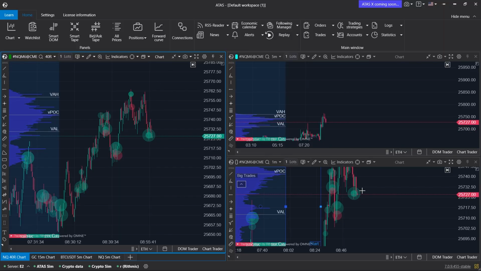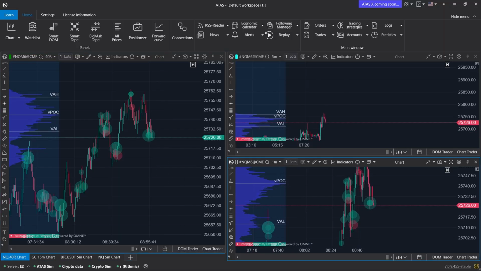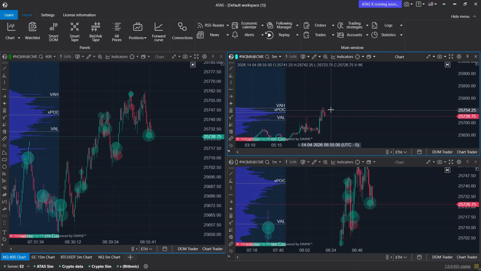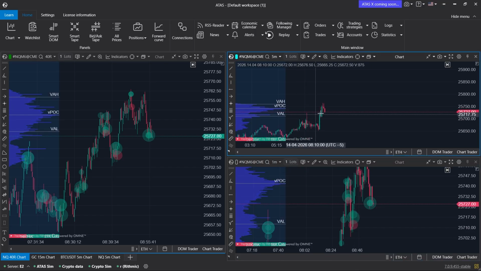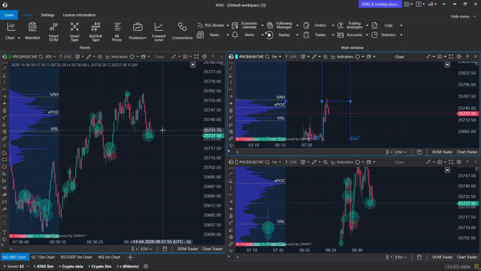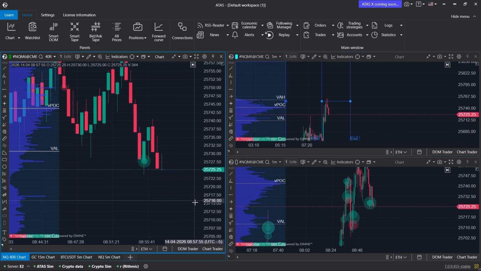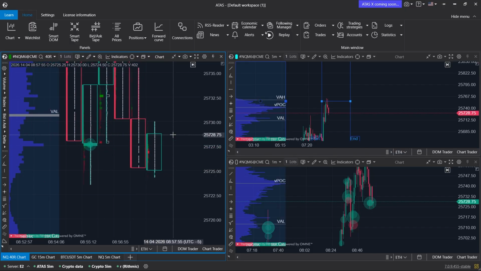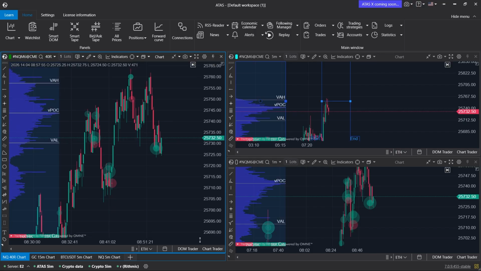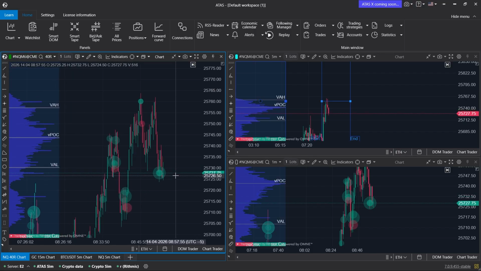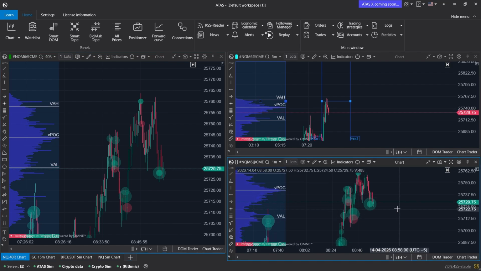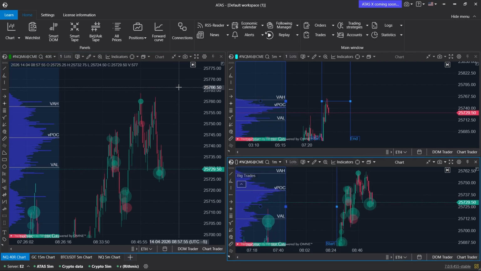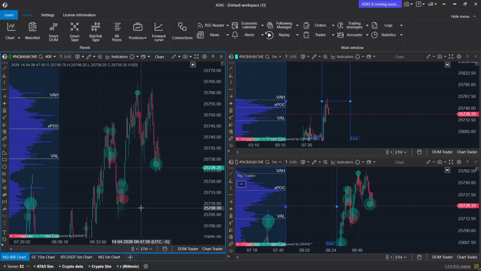But right now I'm not too sure about my bias. I think today might be a sideways market, so I'll be trading that setup, like I'll buy here, sell here, or whatever range the market forms.